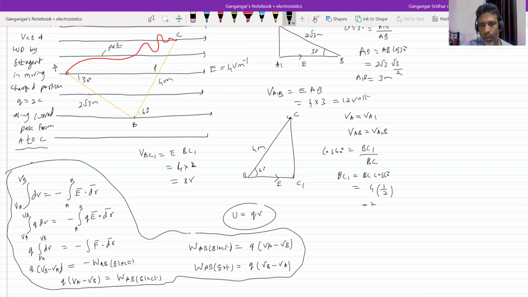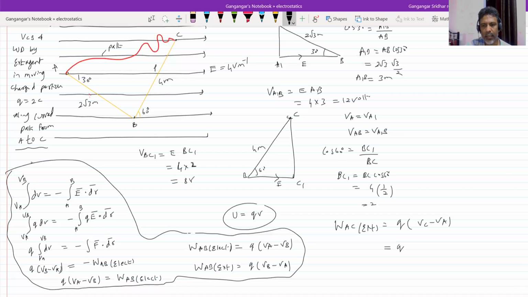So I'll come back to the problem. Work done in moving a charged particle by an external agent should be equal to, what shall I write, VC minus VA. Do we know VAC? We don't know VAC. How to bring VAC? We know VAB and we know VBC.